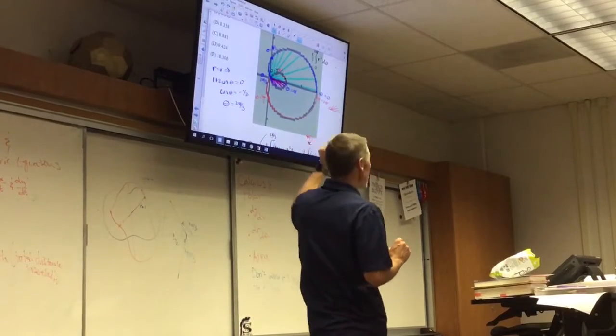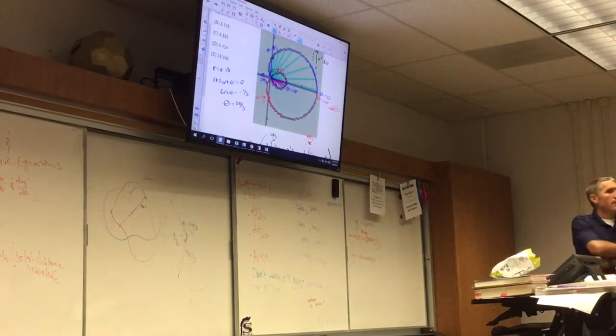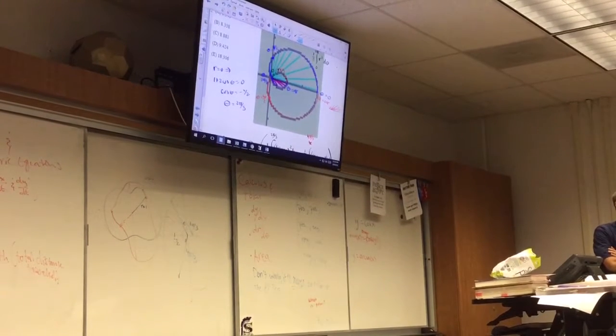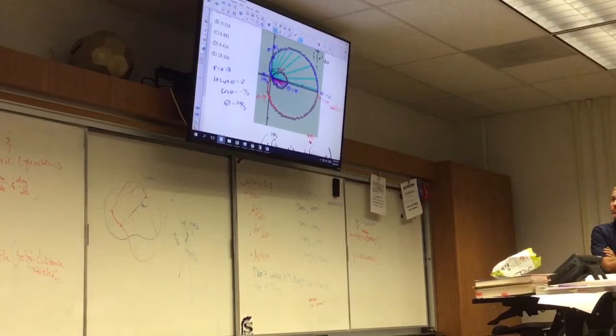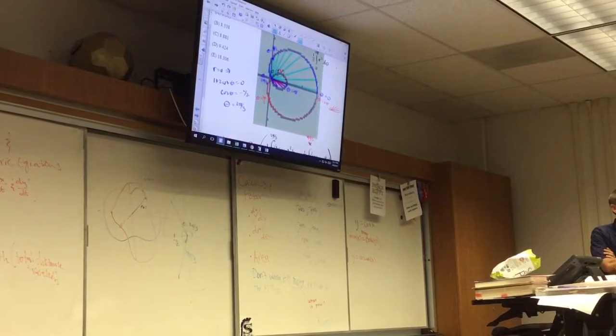The 1/2 times the integral from 0 to 2 pi of r squared d theta. It would give you the area of 2 times that whole light blue area plus the inner loop as well, because it sweeps through that whole top half and then again through the inner loop.